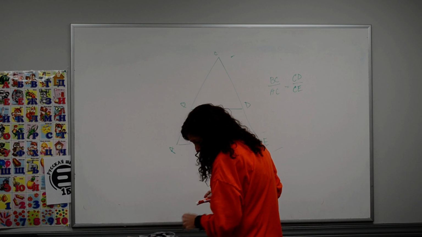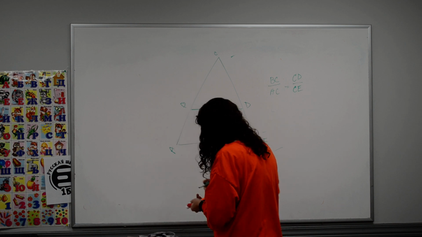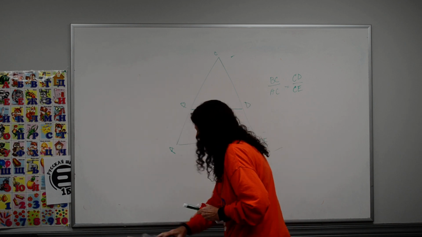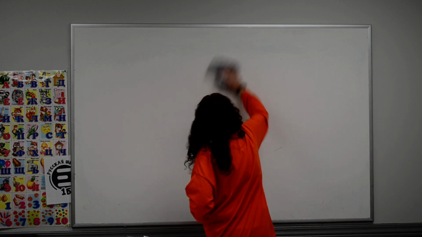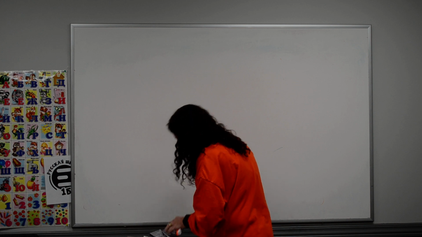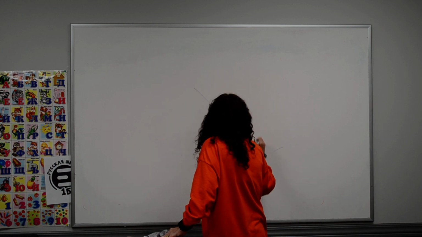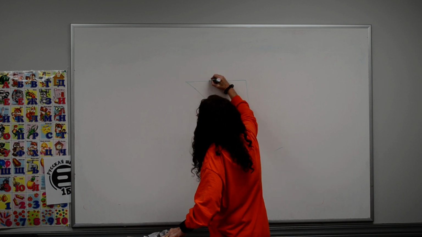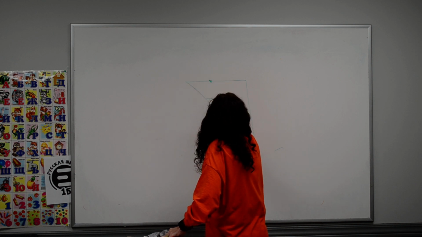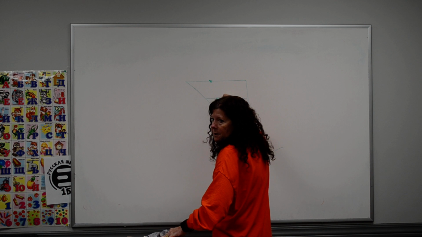The converse of it is true. Well, here, let me show you one that you would do a problem on. Now, for these to work, you've got to have a parallel line, and they're going to tell you it's parallel.